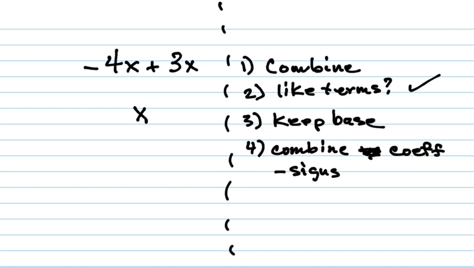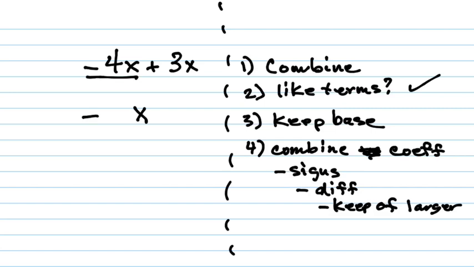Are the signs the same or different? Different, right? So that means keep the sign of the larger, of which one? The big one, which is the negative 4. Negative 4 is bigger. 4 is bigger than 3. Negative 4 is actually very much smaller than 3, right? But just look at the absolute value of the number. So that means my answer is going to be a negative.